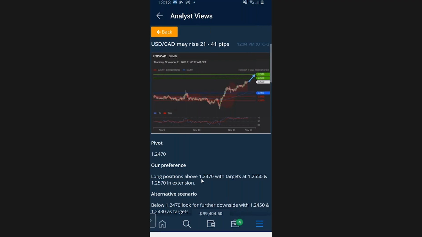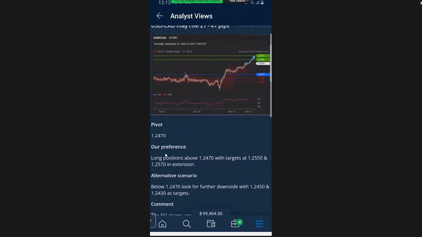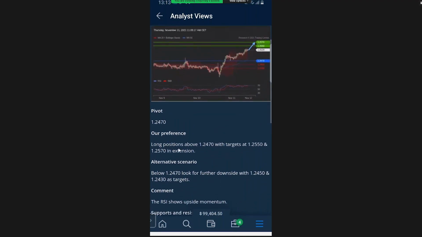Okay, so the initial signal here is going with the fact that the US dollar's been strengthening. And we see the initial signal says that it's expecting a breakout upward. We see the arrow here. And if we look down here, it says our preferences: long positions above 124.70 with targets at 125.50 and 125.70 in extension.